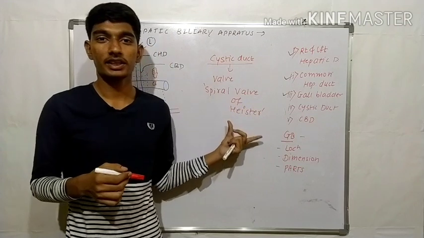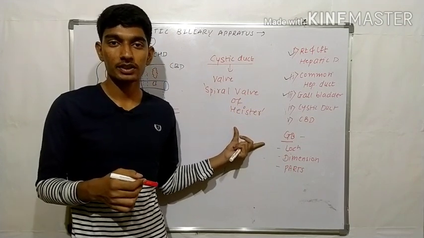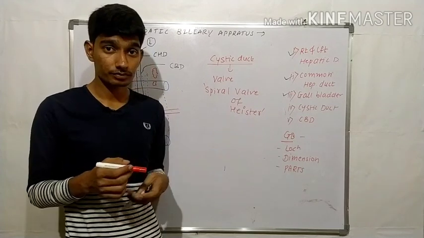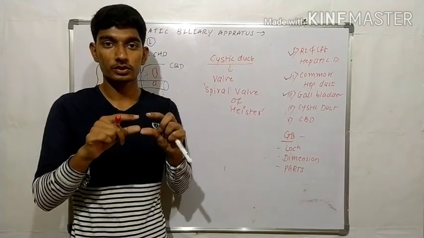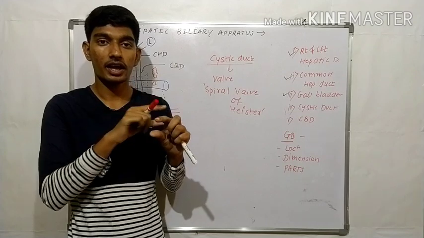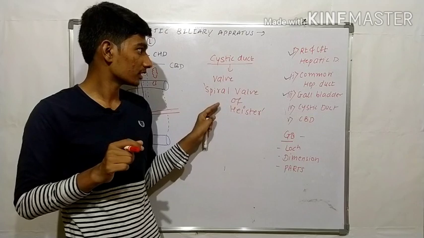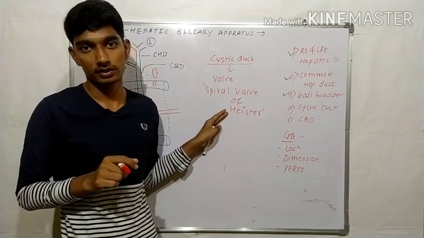It is a crescentic or semilunar shaped spiral valve, and it keeps the cystic duct open so that bile can enter in and out in both directions. This is about the cystic duct.